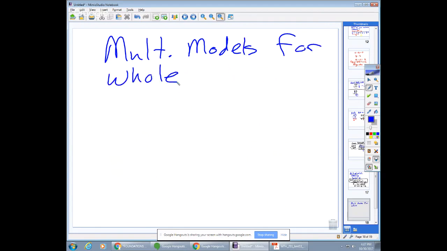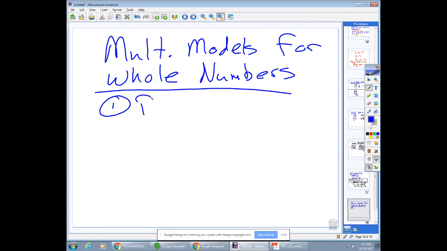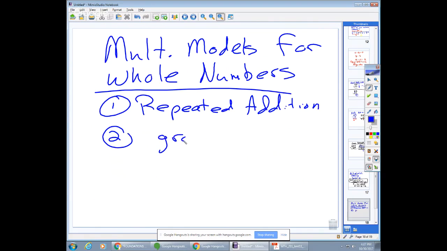We'll worry about the other kinds of numbers later. One is repeated addition, and this is no special order. Two, a model is multiplication means groups of. Literally, you just replace the symbol with the phrase groups of, and out pops an answer.